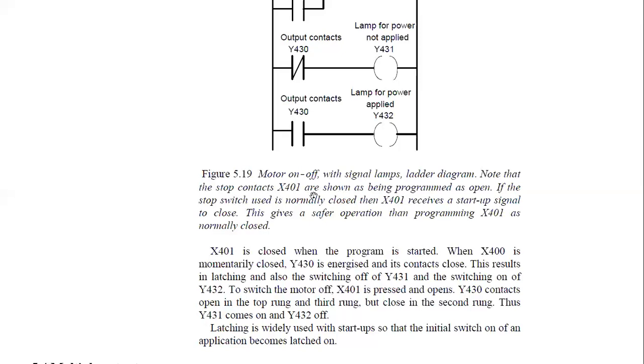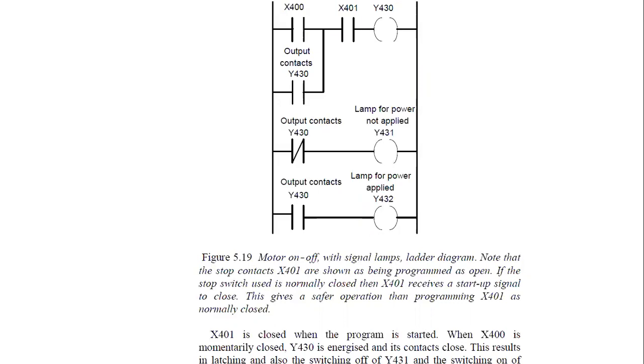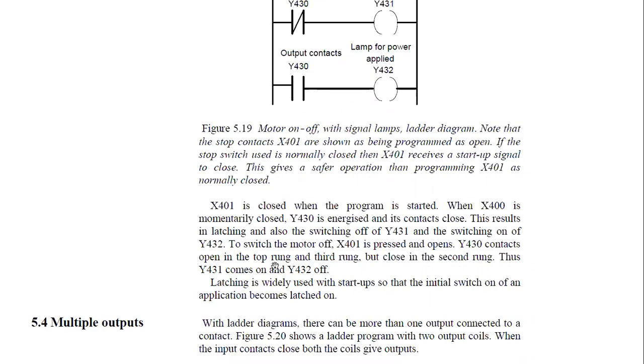You can see the top rung here, that is the first rung, and the second rung. We said rungs are the horizontal arrangement of the circuit contents. And therefore, Y431 comes on and Y432 goes off. You can see they are interchanging. So that is basically how latching operates.